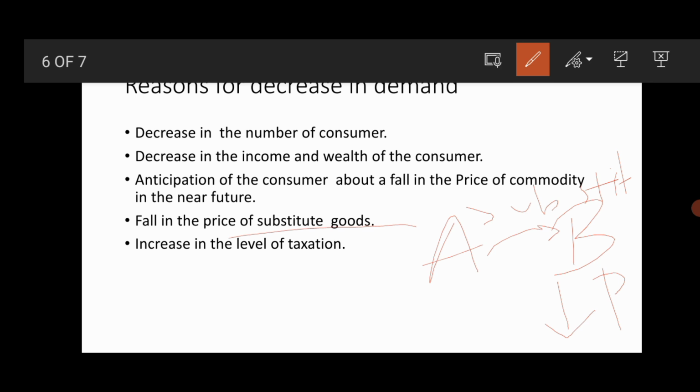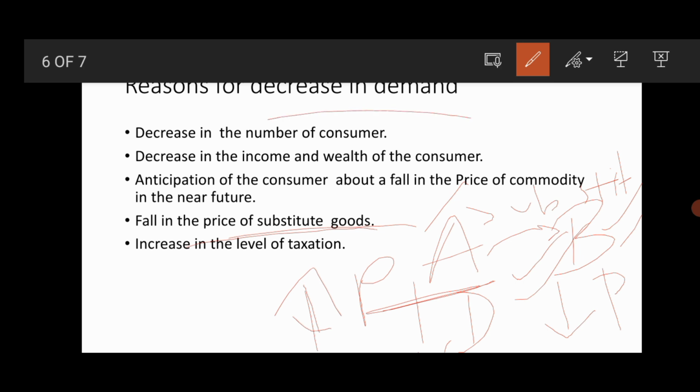So now which product will the consumer buy? The consumer will buy B product, as the price of B product is less as compared to A product. Now the price of A commodity is higher, and therefore there is less demand for it, and for B commodity there will be high demand. So fall in the price of a substitute is one of the reasons for decrease in demand.